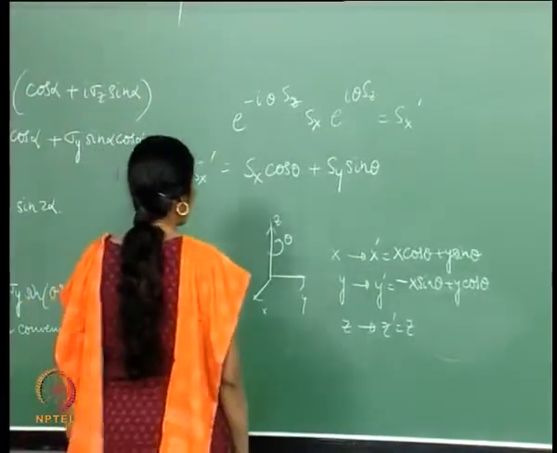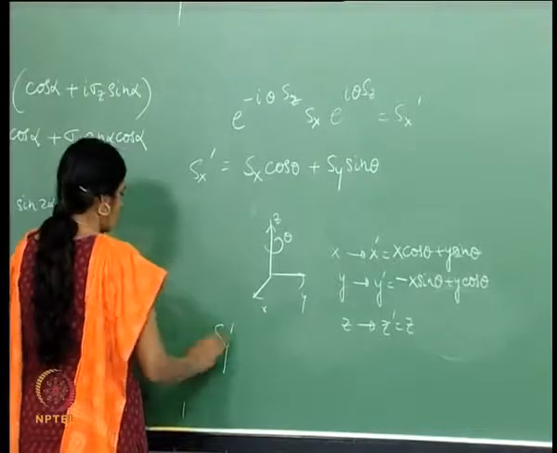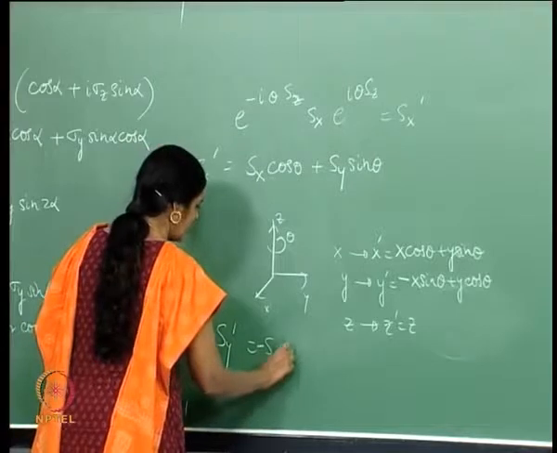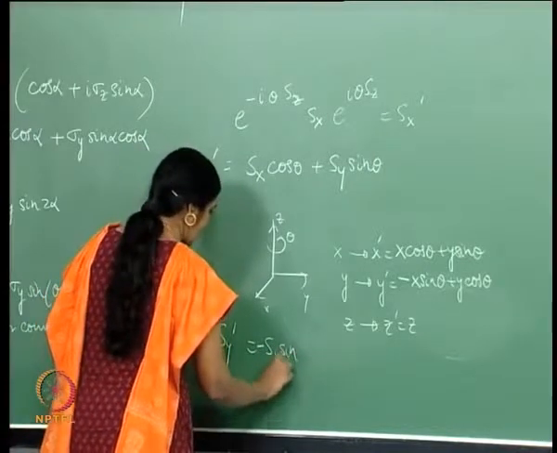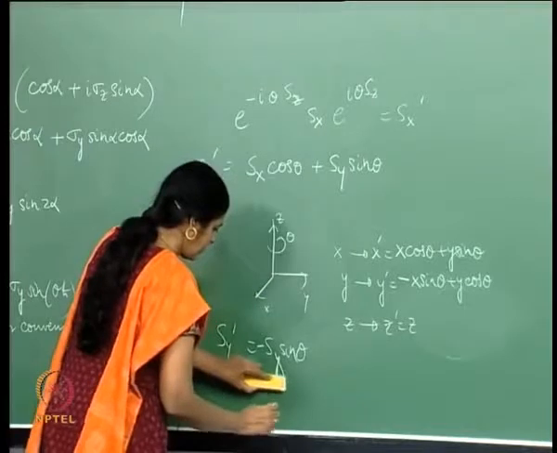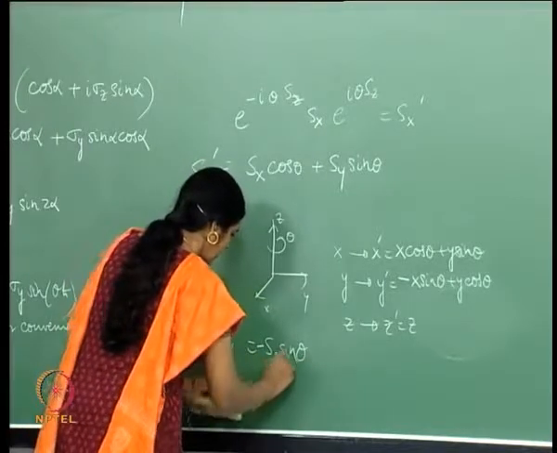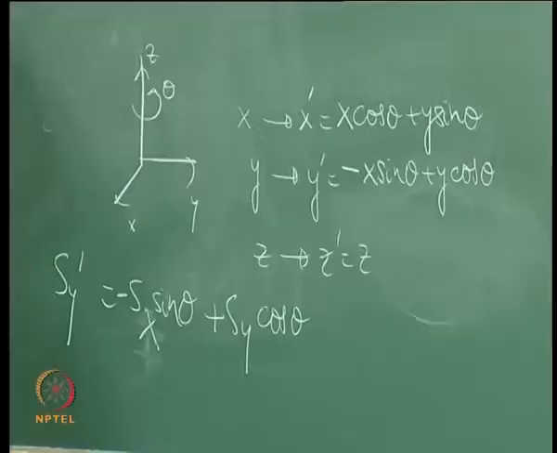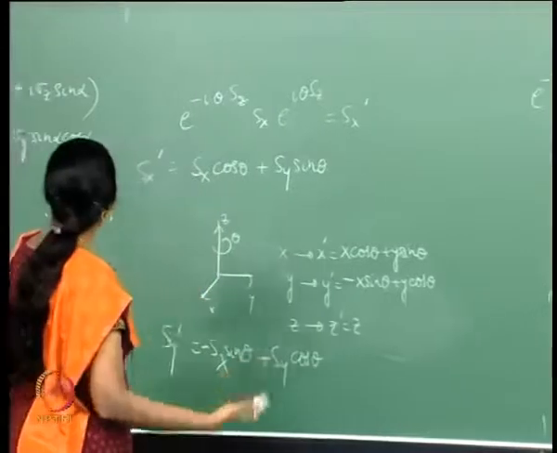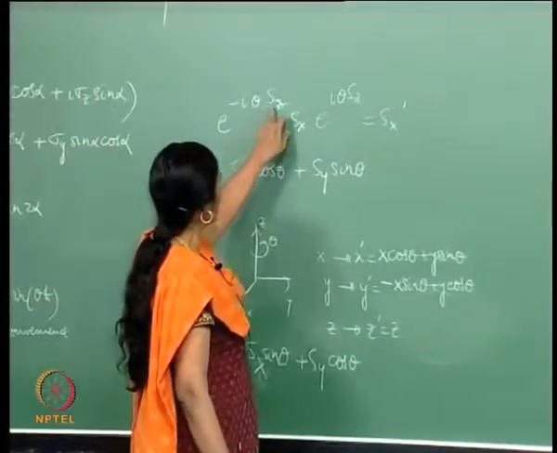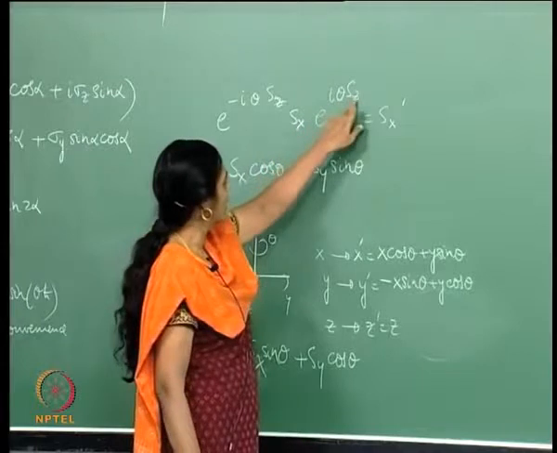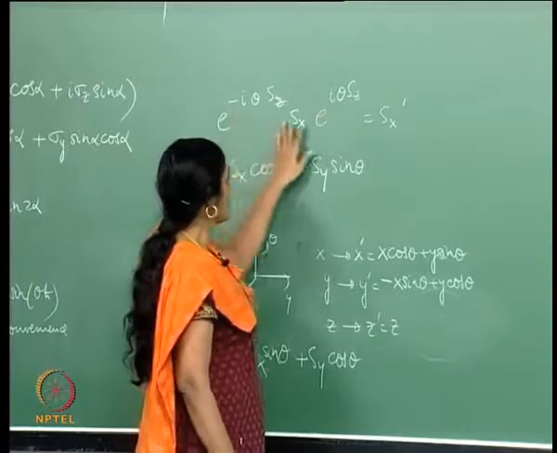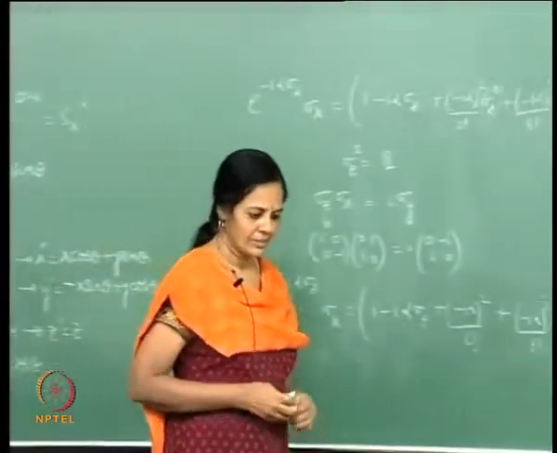You can work this out and show in a similar manner that Sy prime is minus Sx sin theta plus Sy cos theta. And if you consider e to the minus i theta Sz, Sz, e to the i theta Sz, it is clear that Sz commutes with this, and therefore Sz itself does not change.